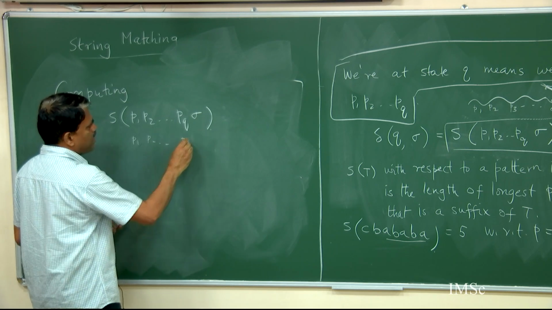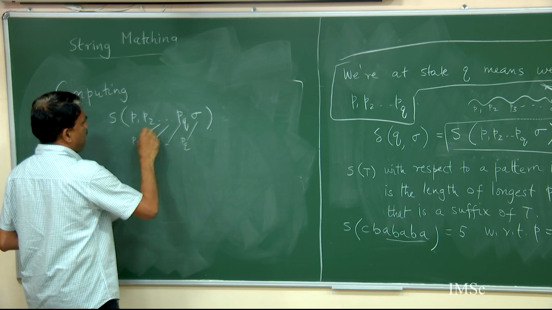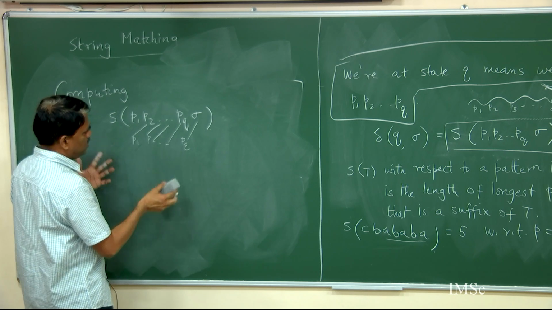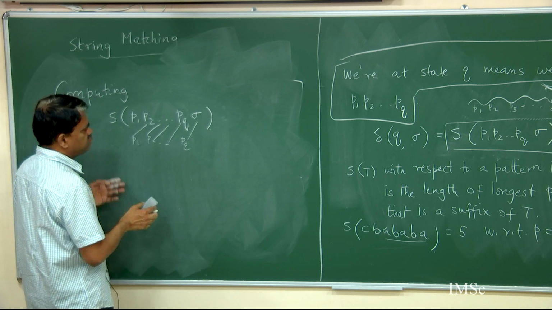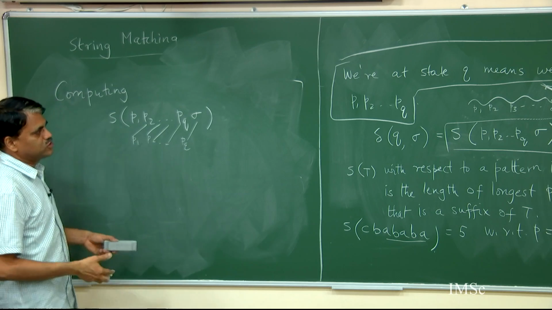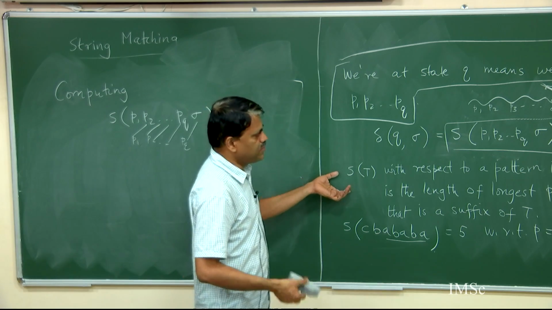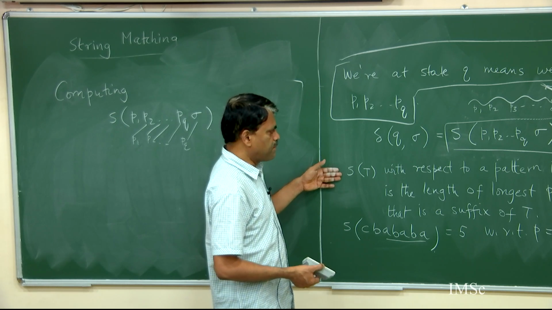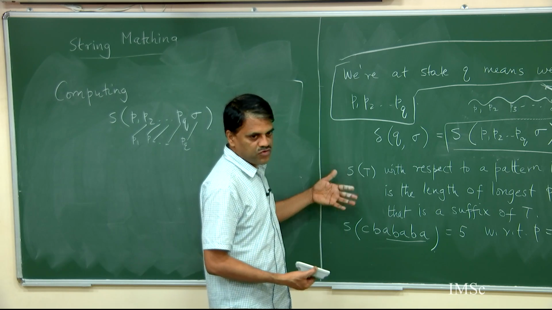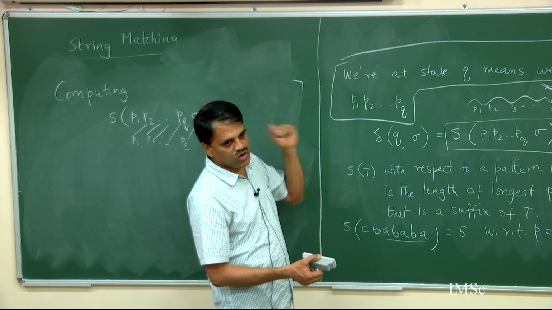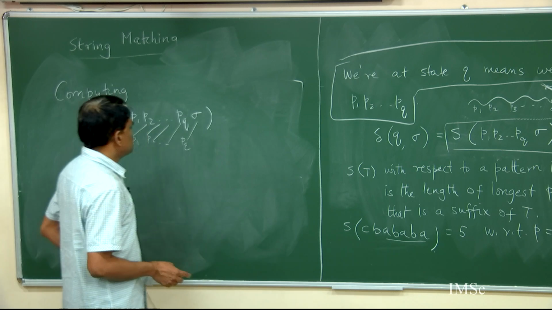You go and try to match this, and if that does not work, you slide the window again. An empty string is always a prefix of the pattern that is a suffix of the text, so this is well defined, which means in the worst case you can go to 0.